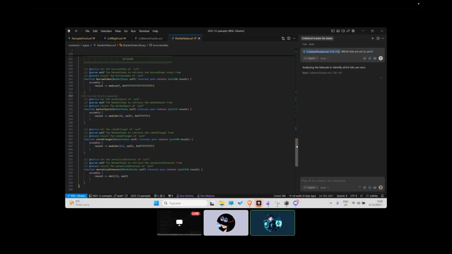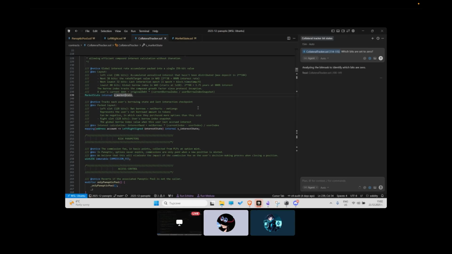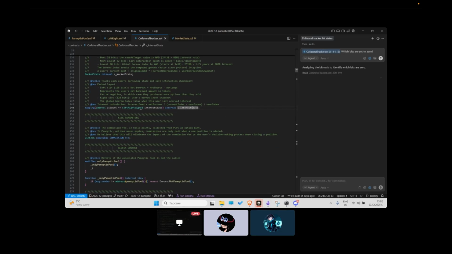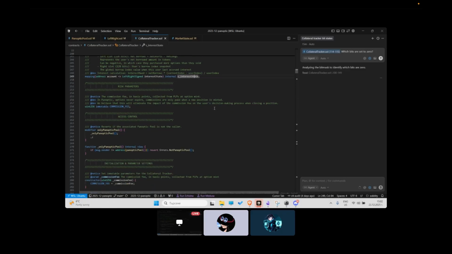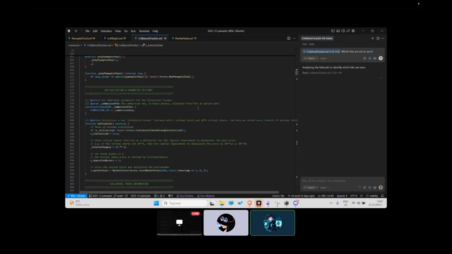Okay, let's go back. I honestly hate this. It's so much harder to audit, because if you have a struct, it's so much easier to remember all the state variables.